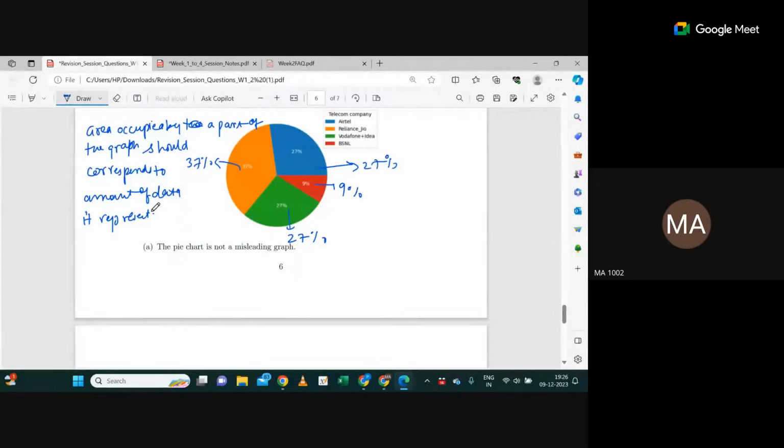If you see, this orange region actually represents 37%, right? This blue is 27%, this green is 20%, and this is 9%.